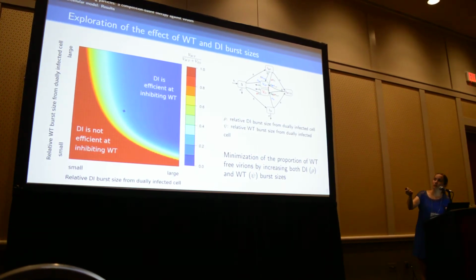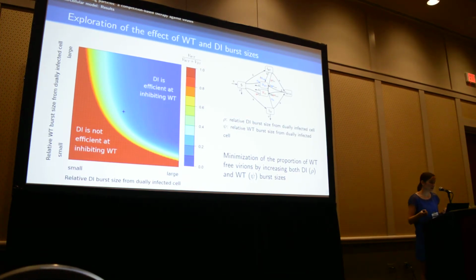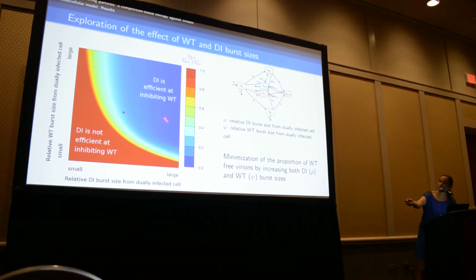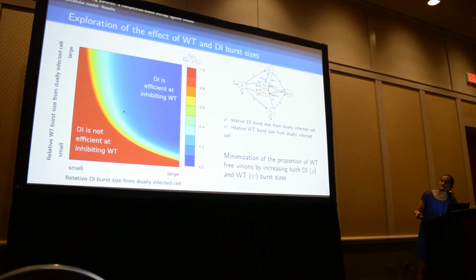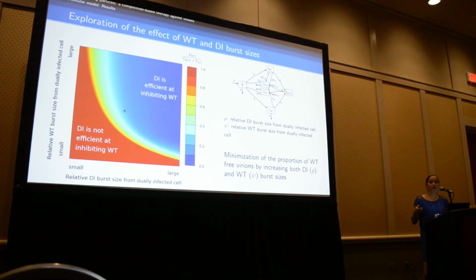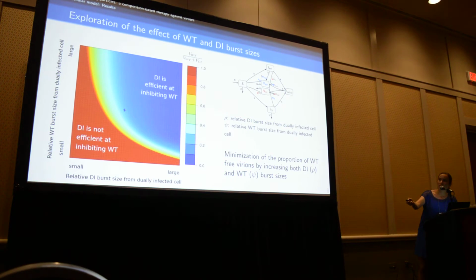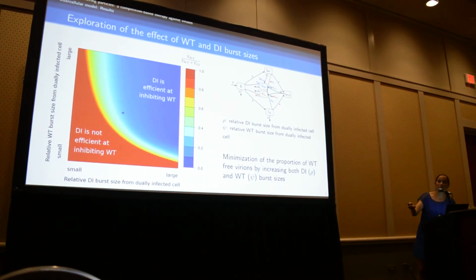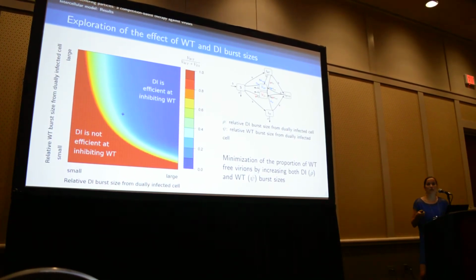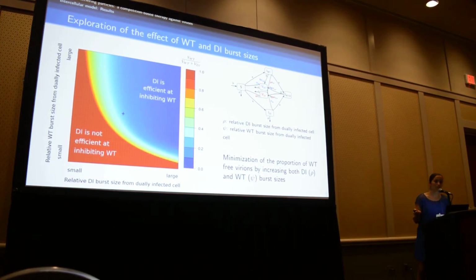And in order to do so, you can increase the burst sizes of both the Y-type and the DI. Then the black cross on the graphic represents the experimental estimations from the lab of the Y-type and the DI burst sizes. So you can see that the model predicts that our current engineered DI is already pretty efficient at inhibiting the Y-type.